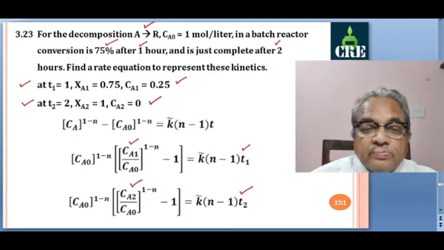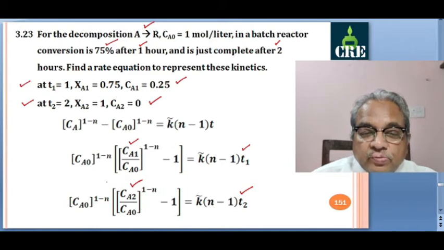So from this equation, I have to multiply by Ca0 raised to 1 minus n. So this is taken outside the bracket. And this Ca raised to 1 minus n divided by Ca0 raised to 1 minus n can be written as Ca1 by Ca0 raised to 1 minus n. And this divided by same term Ca0 raised to 1 minus n is 1.